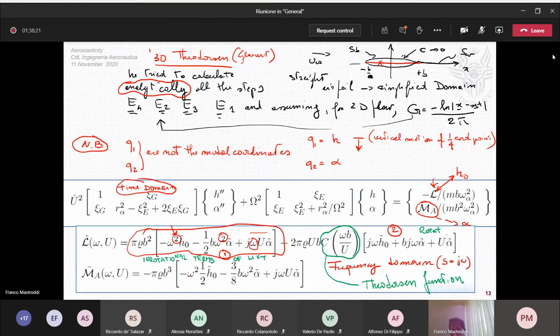Do you have in mind a motivation of this definition? Why is this irrotational, this rotational? Why is rotational the part including C, the Theodorsen function, and why the other part, the part proportional to the power of omega, is irrotational? We are referring to a rotational part having in mind what? Which is the part of the flow which is rotational?